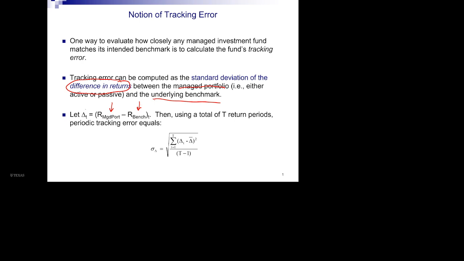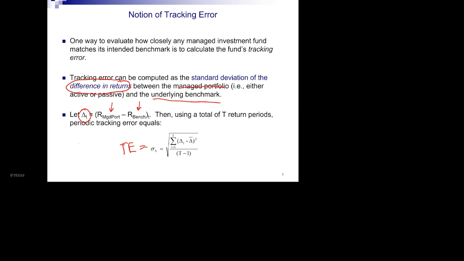And so let's call that return differential in each period the delta. And then what tracking error represents is simply going to be the standard deviation of the differences in returns. And so that formula is shown there. We'll look at some examples in a second.